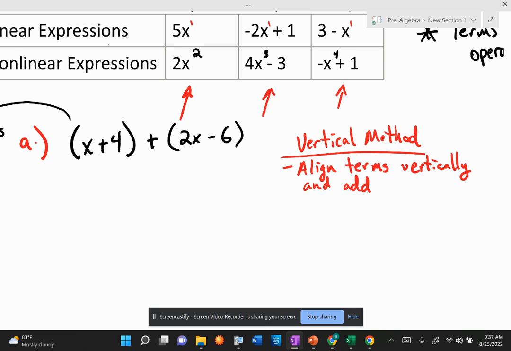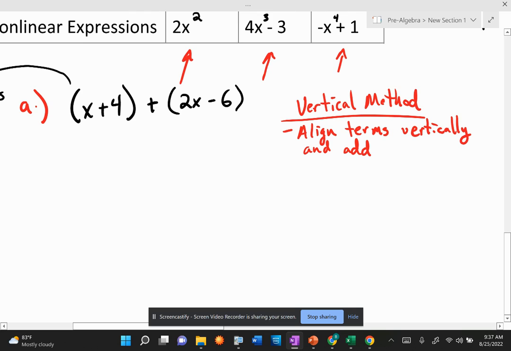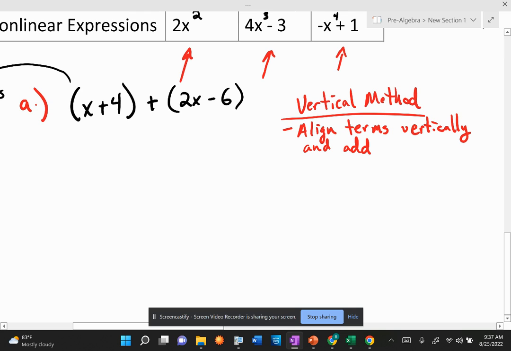Okay, you are pretty used to this method when it comes to arithmetic. You're used to aligning vertically your numbers and either adding, subtracting, multiplying like that. We're going to do the same thing. We're just doing them with these linear expressions.